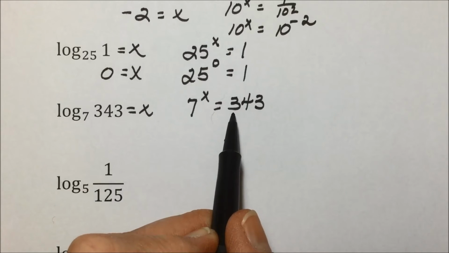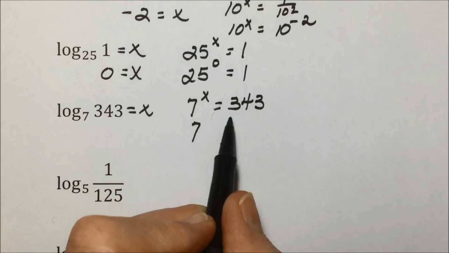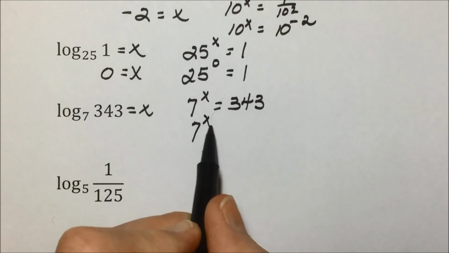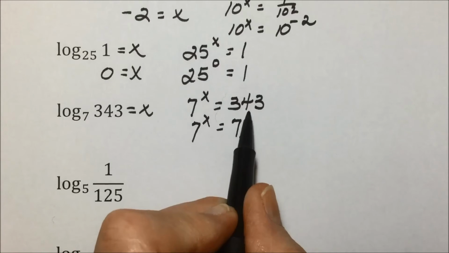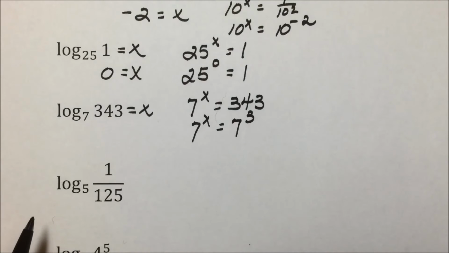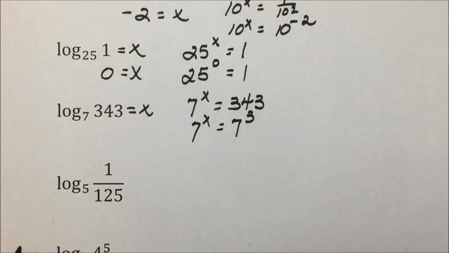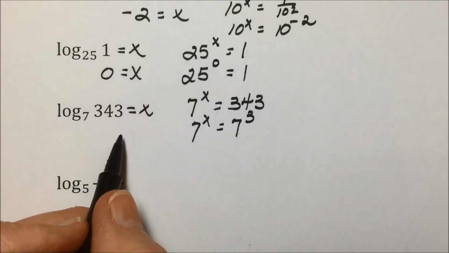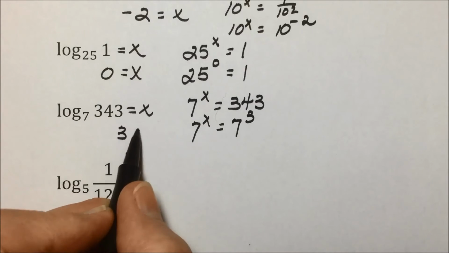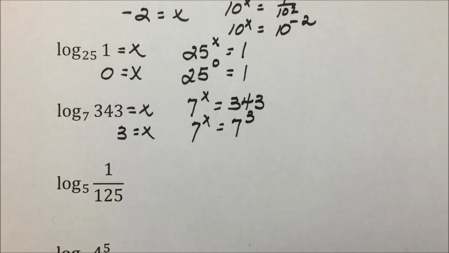And as it turns out, 343 is equivalent to 7 to the third power. We have common bases equal to one another. That means our exponents are equal. And so x is equal to 3 for the solution to this logarithmic problem.